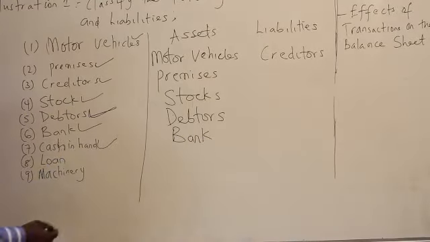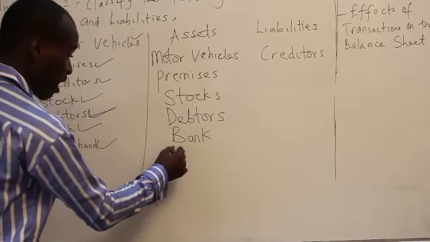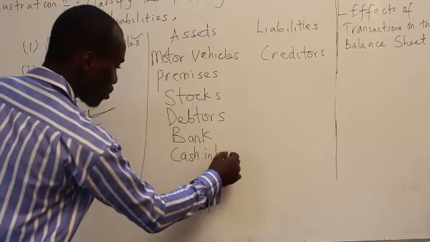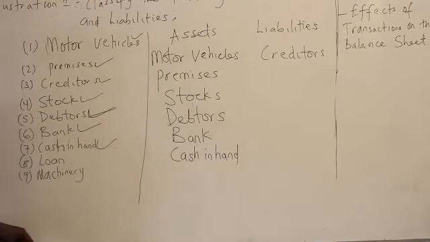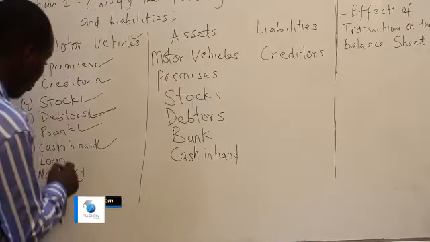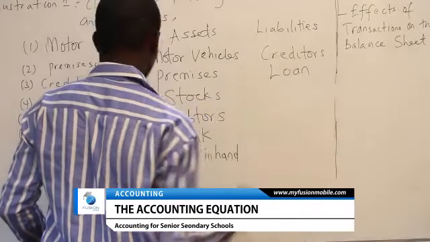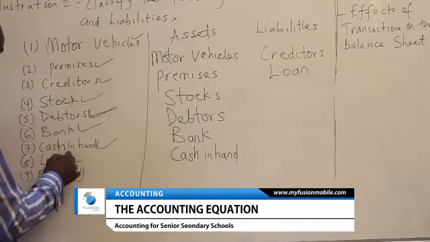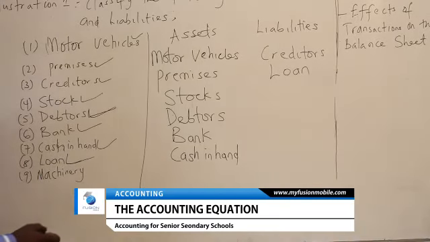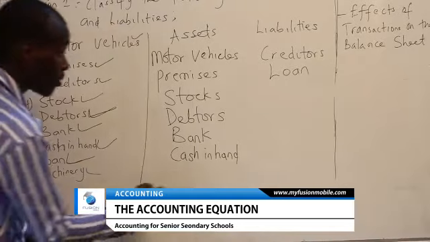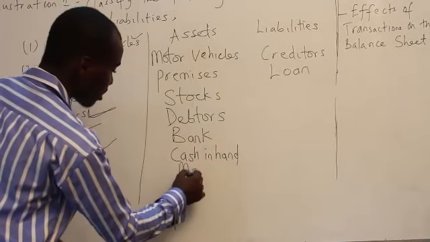Cash in hand, the amount of cash available at hand for use of the business, also forms the property of the business. Loan, that is a liability, money received by the owner of the business from outsiders. Machinery also forms the property of the business, which is an asset.